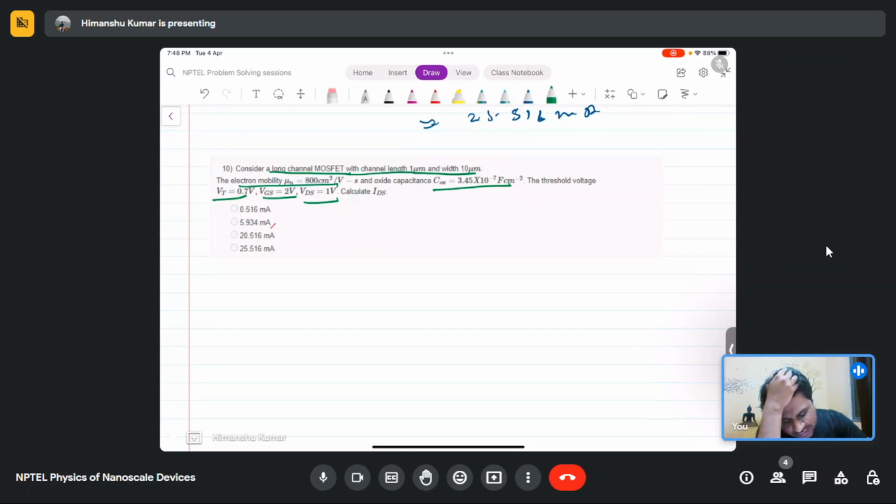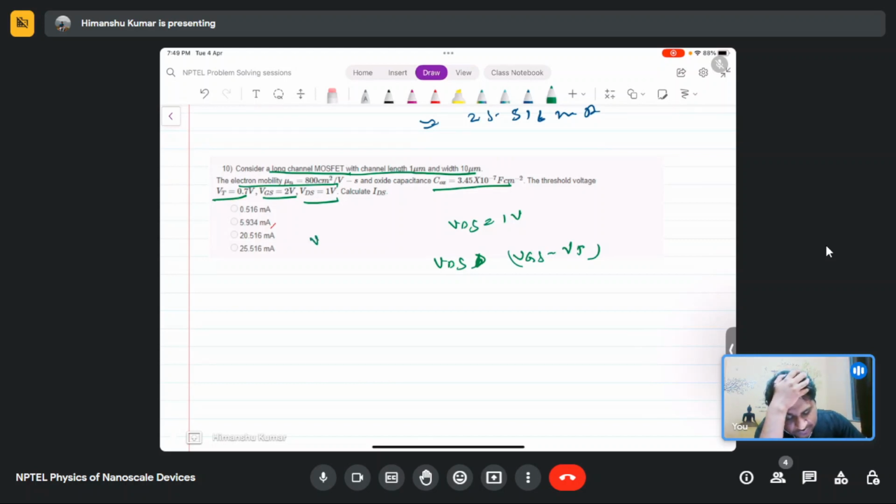Now we need to find in which region this MOSFET is operating. VDS is given as 1 volt, and we need to compare VDS to VGS minus Vt. First we need to see whether VGS is greater than the threshold voltage or not.